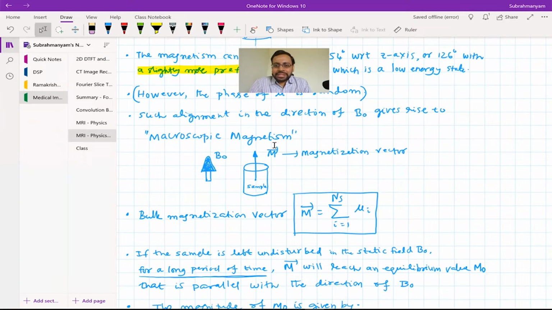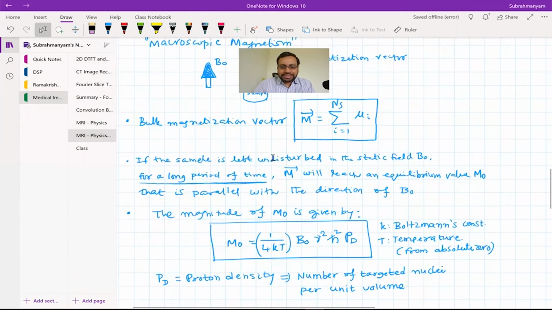That's also something you are going to apply, which, in addition to B naught, will be another B which varies with time, X, Y, Z, and T, as time as well as spatial location. That's what you are going to see in the upcoming classes.